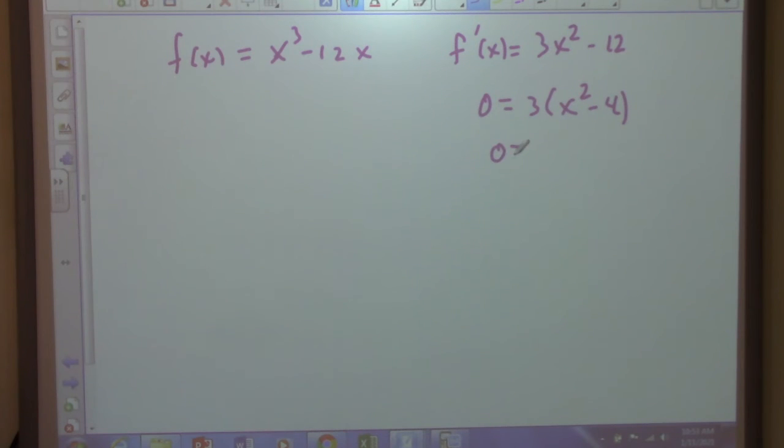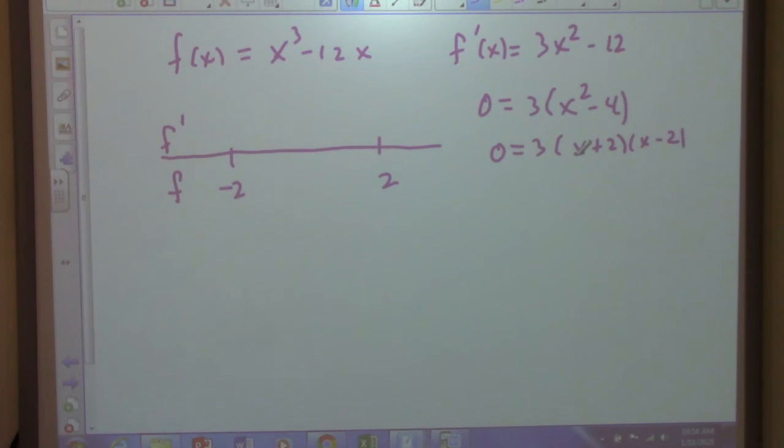So 0 is equal to 3 times x plus 2, x minus 2. And so we can set up our number line analysis between -2 and 2, and we have f prime above and f below.